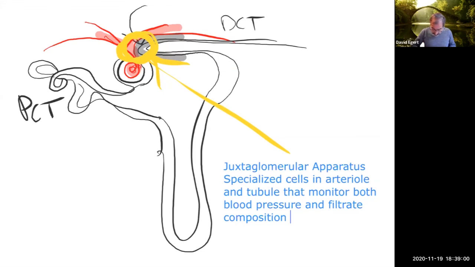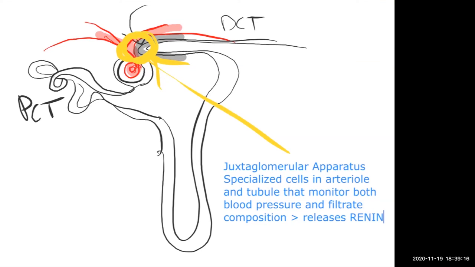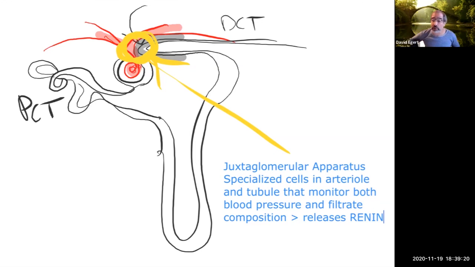So that's why I wanted to make sure that I brought this in. This releases renin. In particular, what would cause it to release renin? Detection of low blood pressure. Exactly. If it detects a drop in blood pressure, then we're going to release renin.